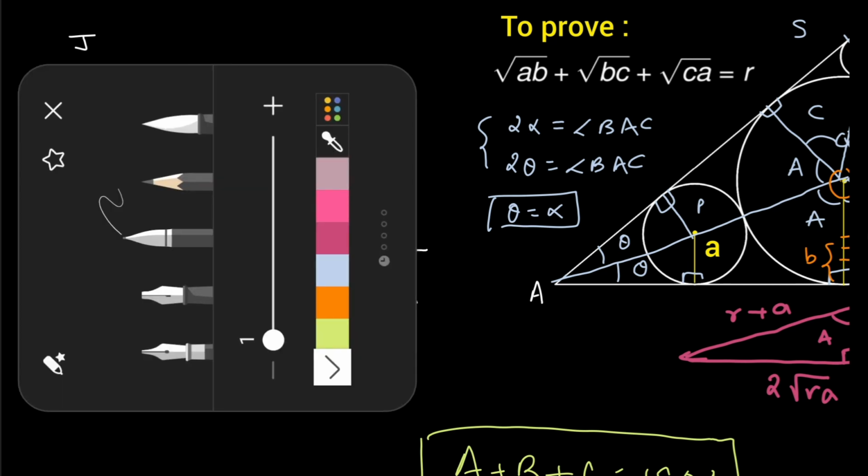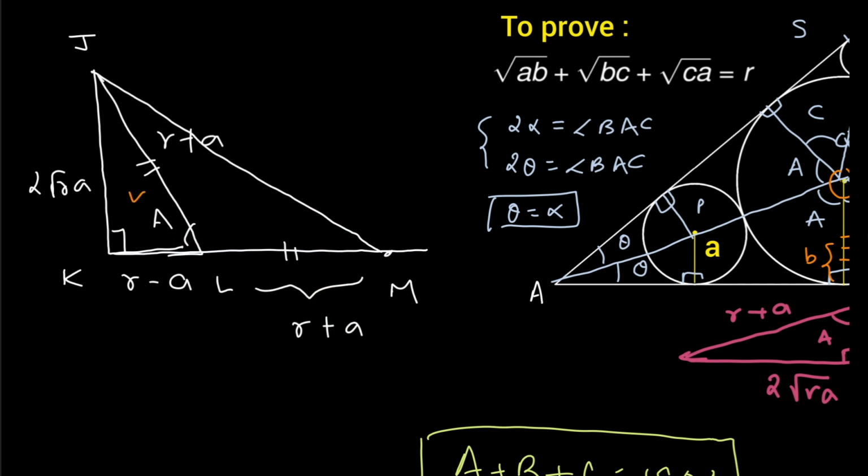Okay, now look carefully that over here we have this triangle, and in that this angle is a. So by linear pair, this angle over here would be 180 degrees minus a. Now look carefully at the triangle JLM. One of the angles is 180 minus a, and as these two sides are equal, these two angles become equal, and that would be equal to what? That would be equal to a upon 2.